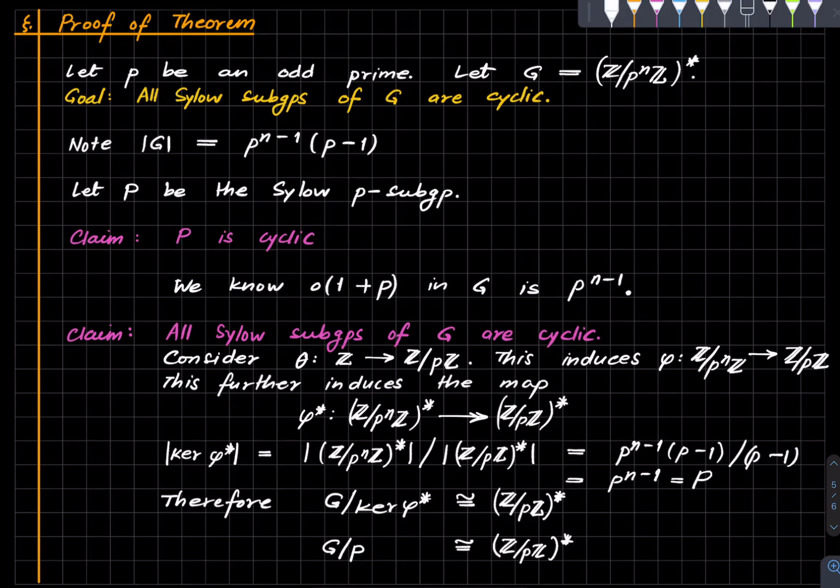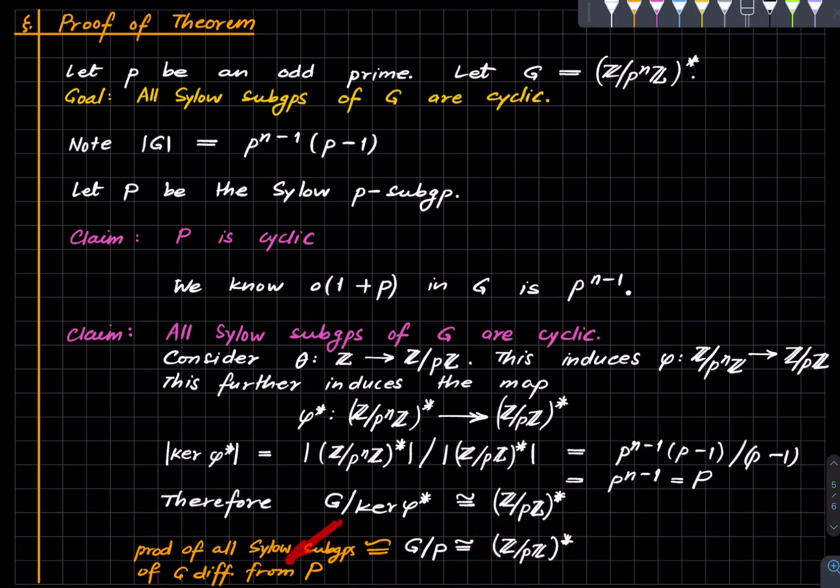But by the star mark problem, what is G mod P? G mod P is isomorphic to the product of all the Sylow subgroups of G which are different from capital P. And hence this product of all the Sylow subgroups of G different from P is a cyclic group, because this is a cyclic group.